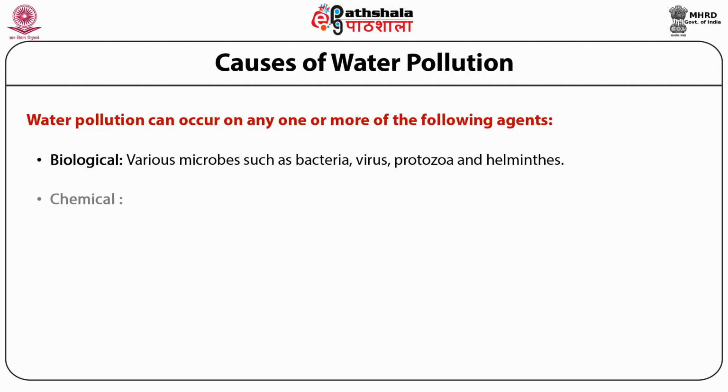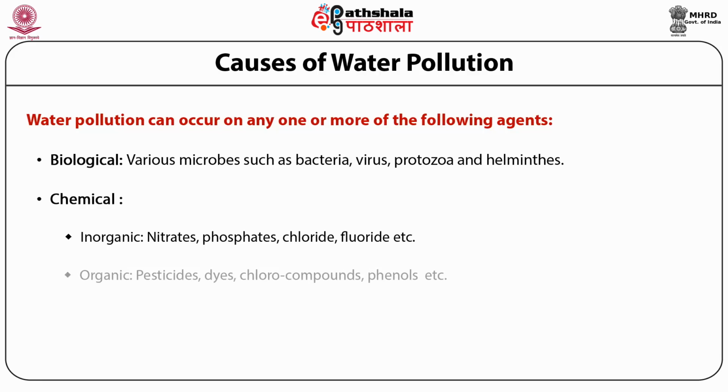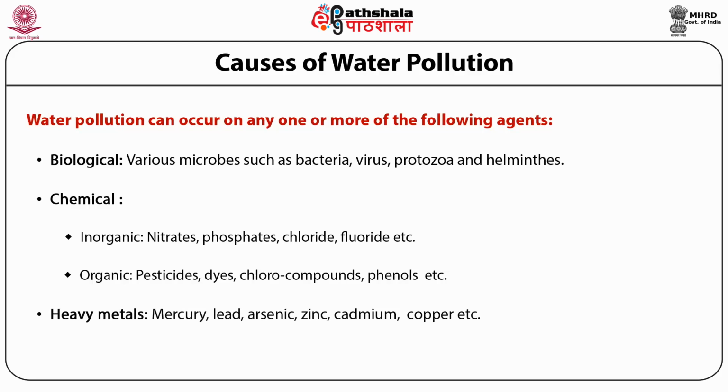Second is chemical, and it includes inorganic agents, various inorganic chemicals such as nitrates, phosphates, chlorides, and fluorides, etc. Another is organic agents, and these include pesticides, dyes, chlorocompounds, phenols, etc. Third is heavy metals.